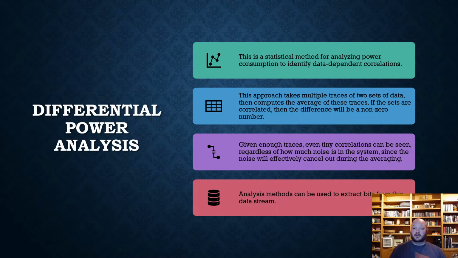Given enough traces, even tiny correlations can be seen, regardless of how much noise the system is producing besides the traces that they're looking at, since the noise will effectively be canceled out during the averaging. Analysis methods such as this can be used to extract bits of data from the stream that they're looking at.